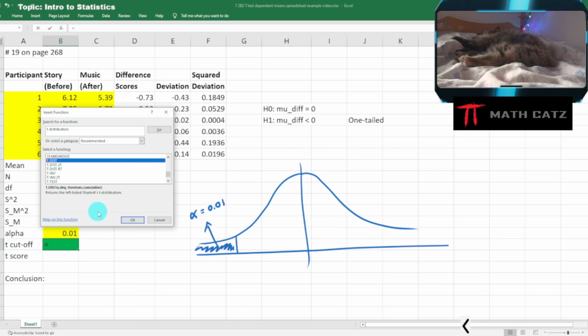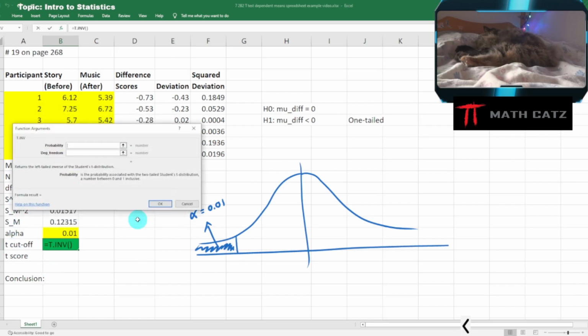That's not what we want. We have the probability of 1% or 0.01, and we want to return this t value. So we want to look for the inverse. And we see there it is returning the left-tailed inverse. In another situation, I could have a two-tailed test, then I would maybe use that. So just be aware there are different ones.